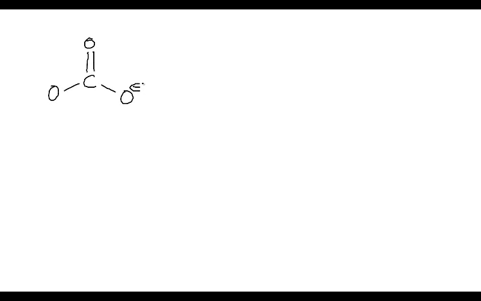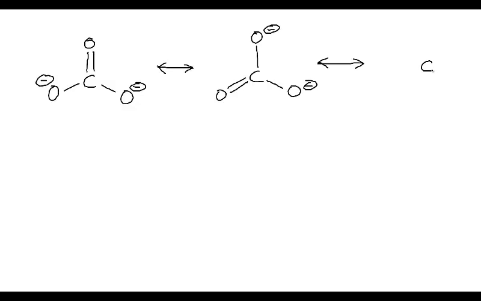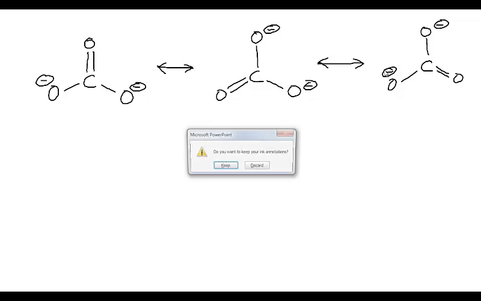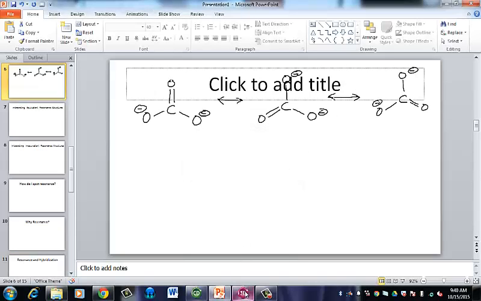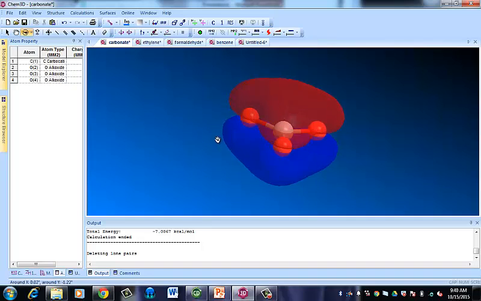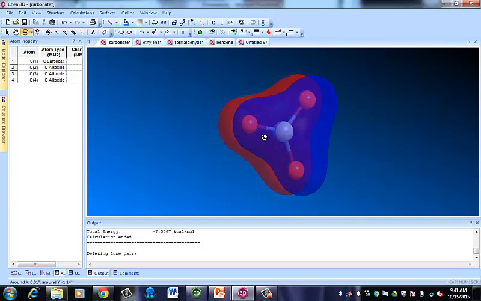CO3 2 minus, we can draw 3 different resonance structures. Like this. So there's one pi bond that's spread over all 4 atoms, over the carbon and all 3 oxygens, and this is what it looks like to have one pi bond spread over those atoms.